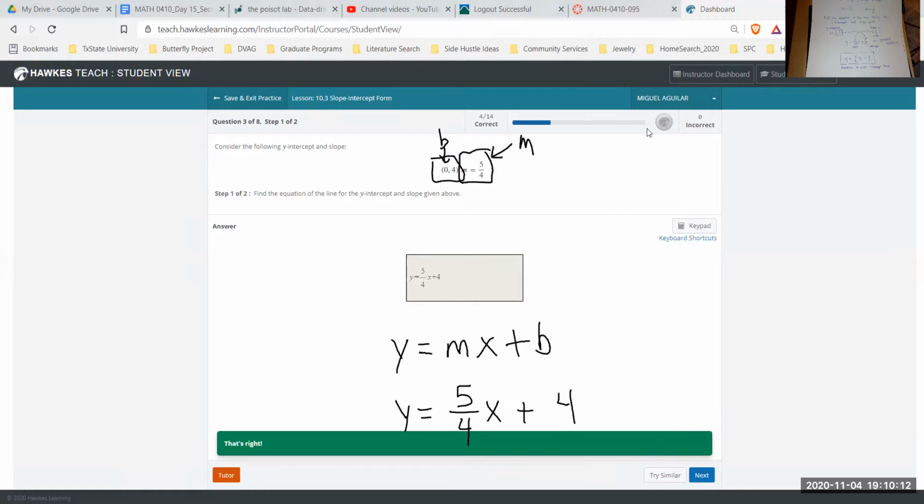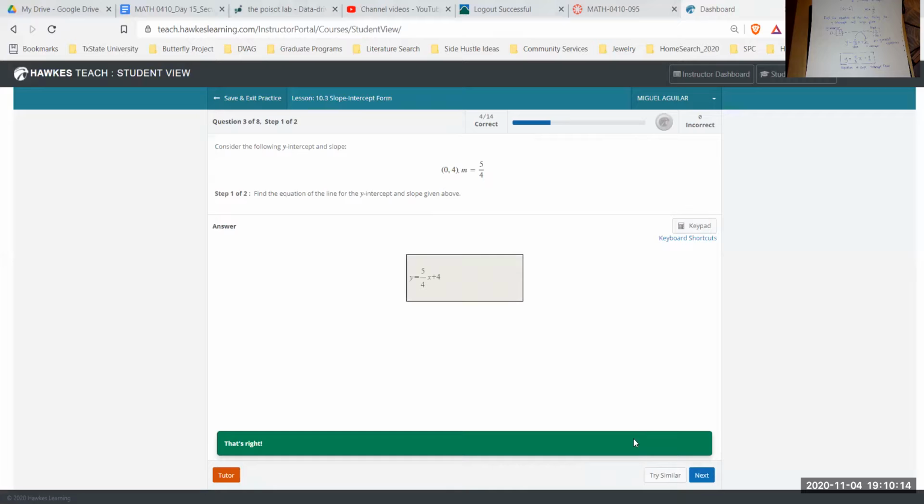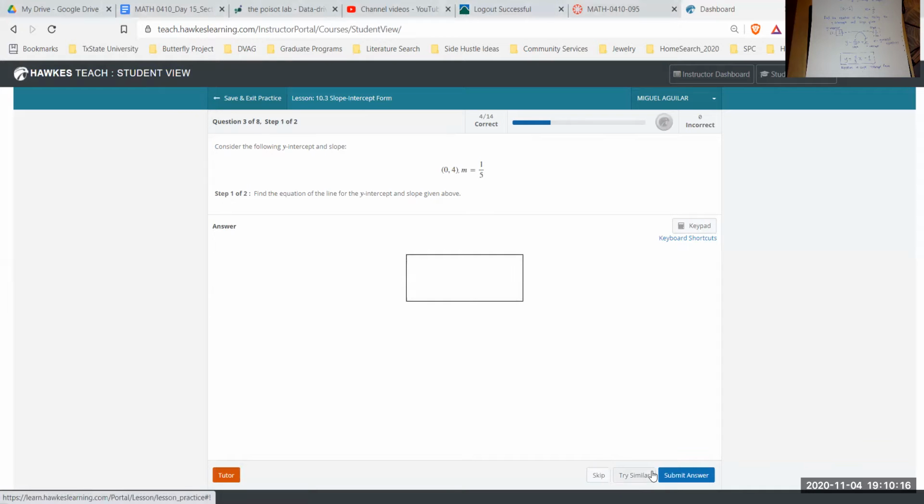And let's do another one, right? Let's just get real comfortable with these. I'm just trying to show you that it seems deceptively simple because it is that simple. You don't have to think too deeply about these. If the general formula is y equals mx plus b, can you guys tell me what the equation is supposed to look like here?